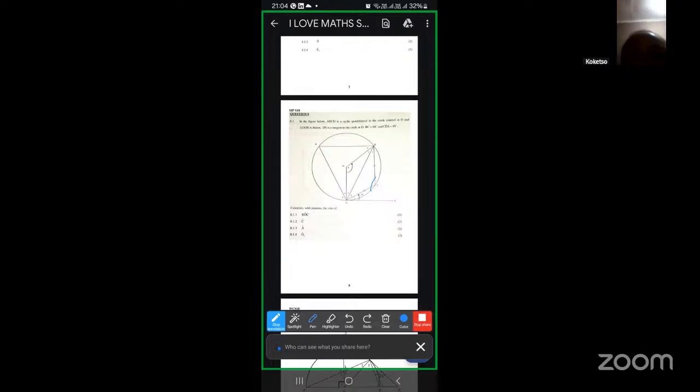Okay, so we can see that angle D1 is equal to angle B1 because of the tan-chord theorem. Oh, you are saying angle D1 is equal to that angle. So you are saying that angle is equal to 40 degrees, right? Yes, it's tan-chord.